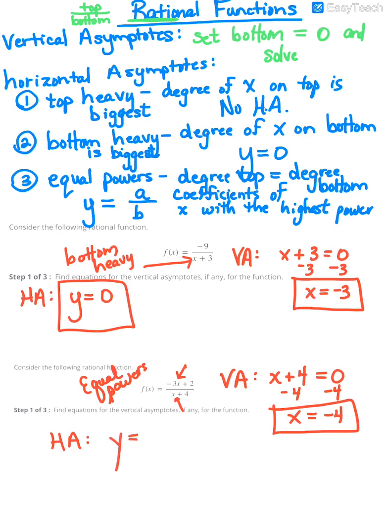And when this is the case, I'm going to look at the numbers in front of the x. So on the top, I have this -3 in front of the x. And on bottom, I have what's understood to be a 1. So I make that ratio, and in this case, when I simplify, -3 divided by 1 gives me a horizontal asymptote of y equals -3.